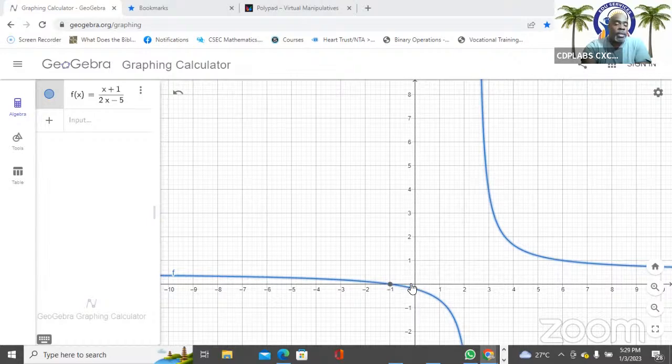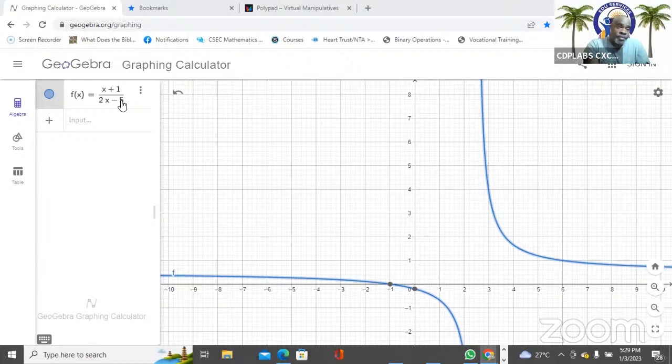When x is 0, if x were to become 0, the graph would be what we call undefined. So anytime the denominator is 0, please note that the graph will be undefined.